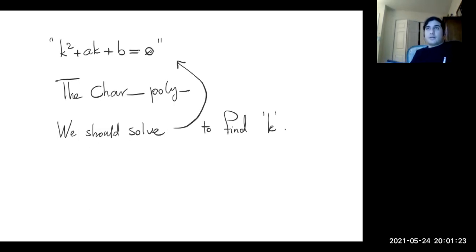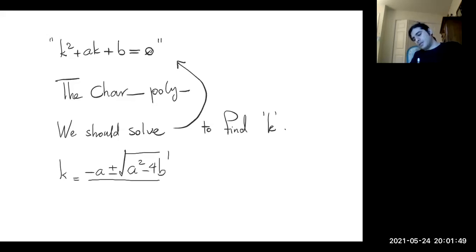Now, there are 3 possible cases. Let me first write down what k is. If I solve this equation, I would see k is equal to minus a plus minus the square root of a squared minus 4b, over 2.